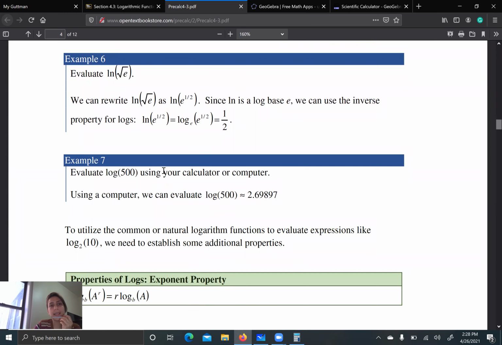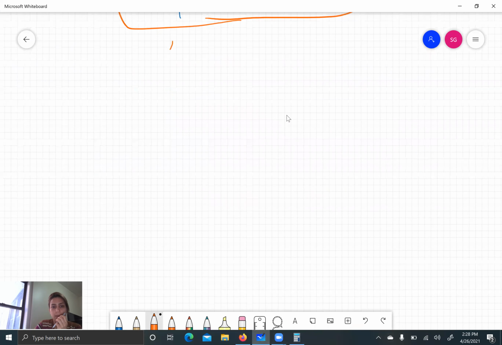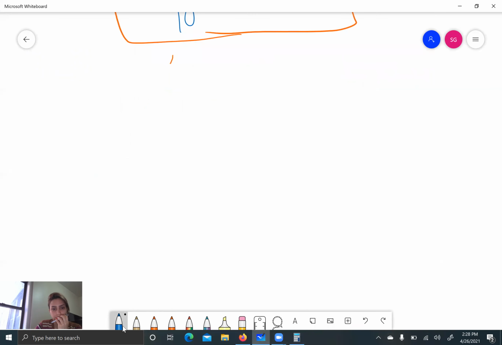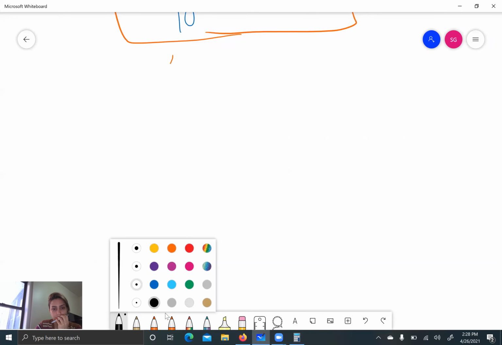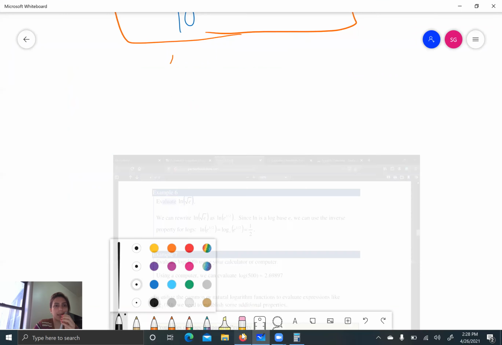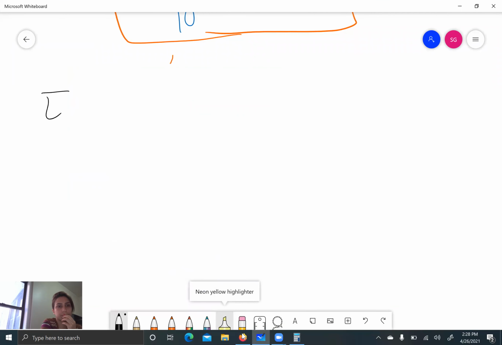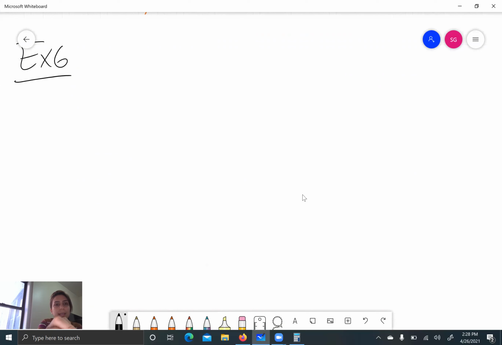Okay, the question says evaluate the natural log of the square root of e. So let's do this one. This is example 6. What's the answer?